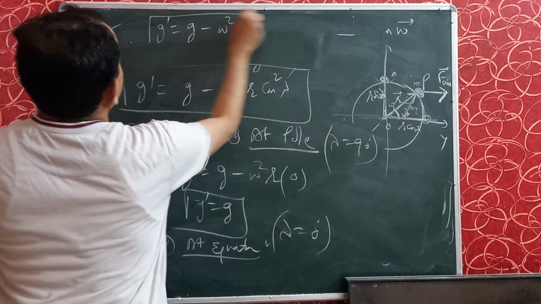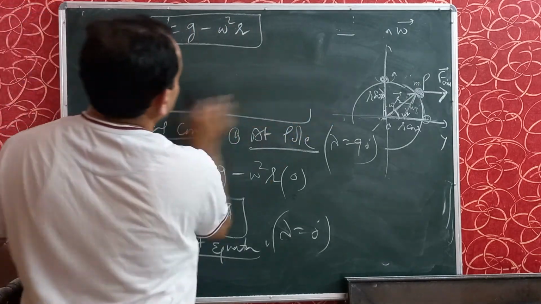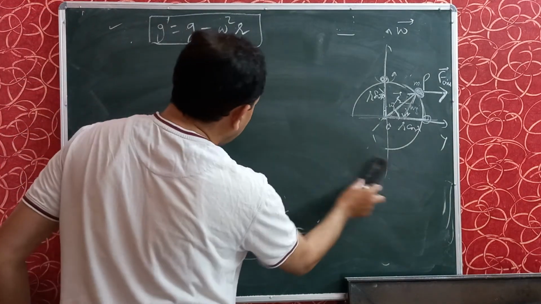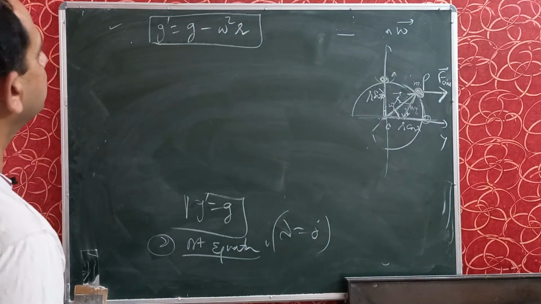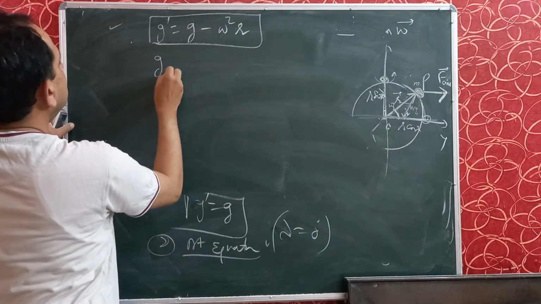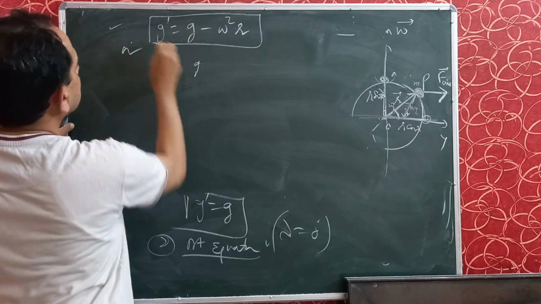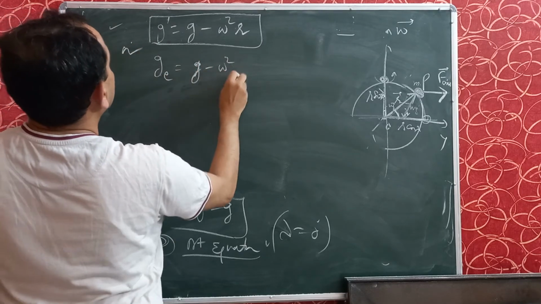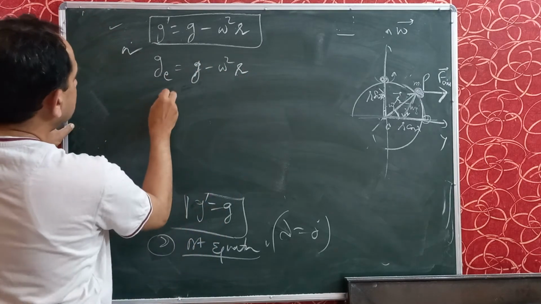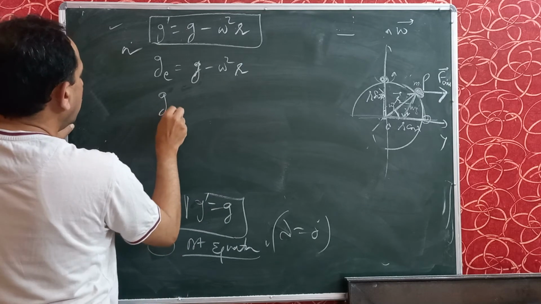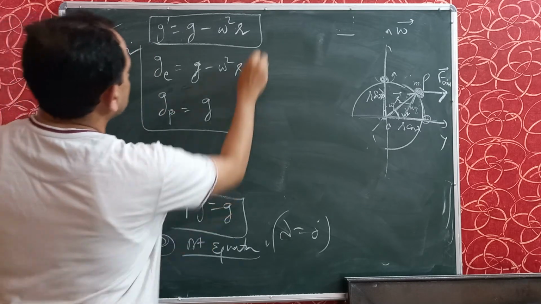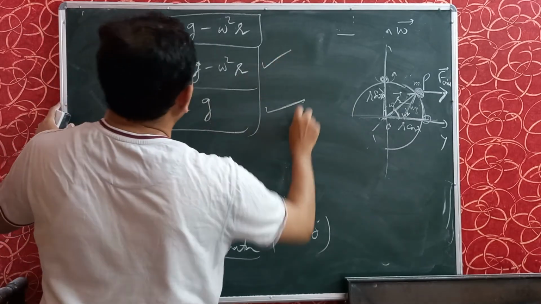This is the equation for acceleration due to gravity at the equator. It may be written as GE, equal to g minus omega square r, and GP, the g at the pole, is equal to g. So these are two results.